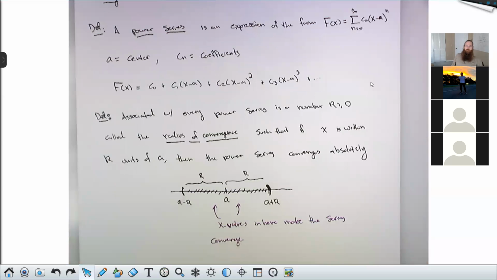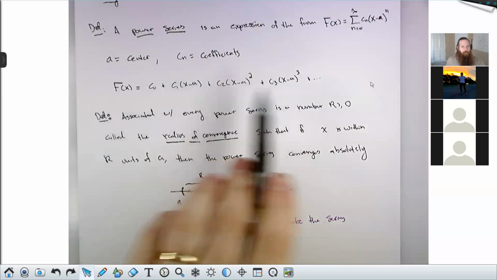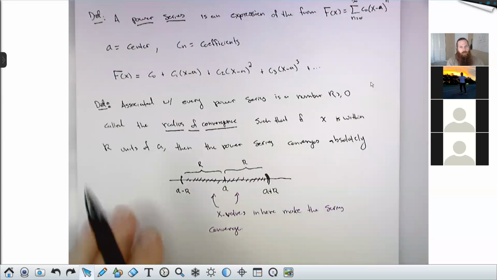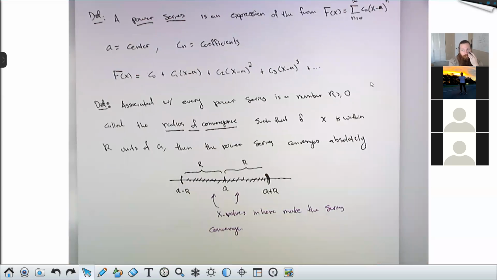All right. So these series, they have x's in them, right? (x minus a) to the n. So some x's you could plug in and get a convergent series. Maybe if you plug in x equals 0, you get a convergent series. But if you plug in x equals 10, you get a divergent series.